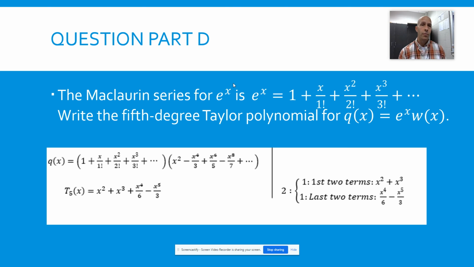I'm going to give them 1 point for the first 2 terms because those are pretty simple to find. But to get the second point, they have to get the last 2, which are a little bit trickier and more subtle, particularly that x to the fourth over 6.